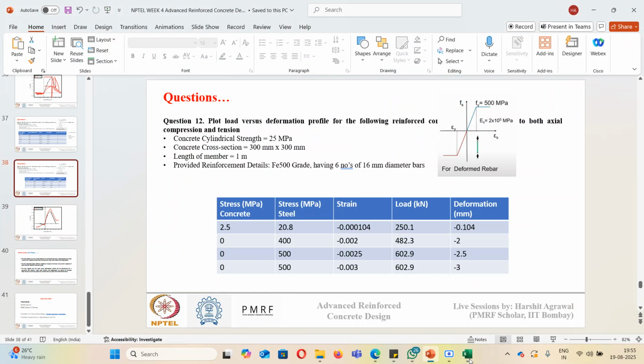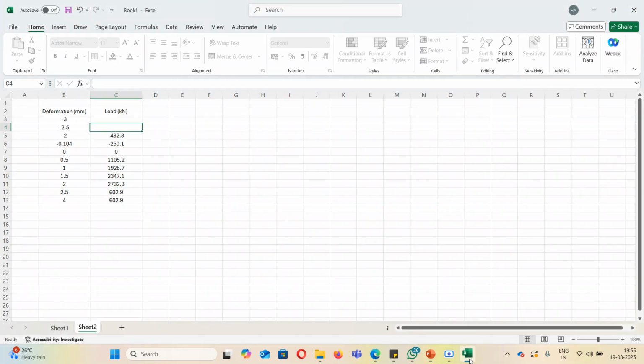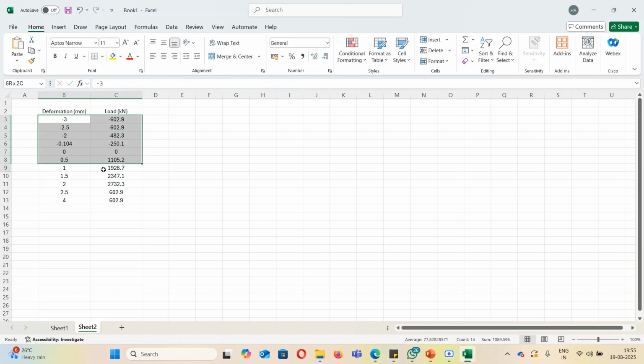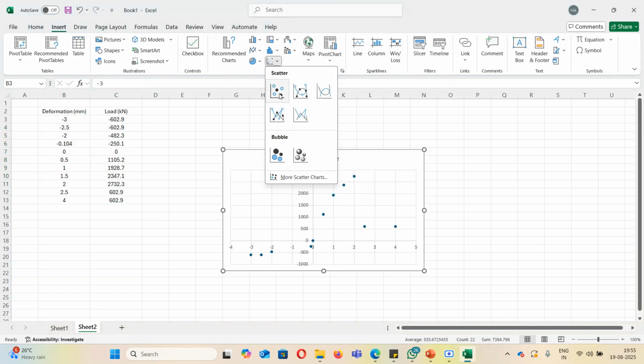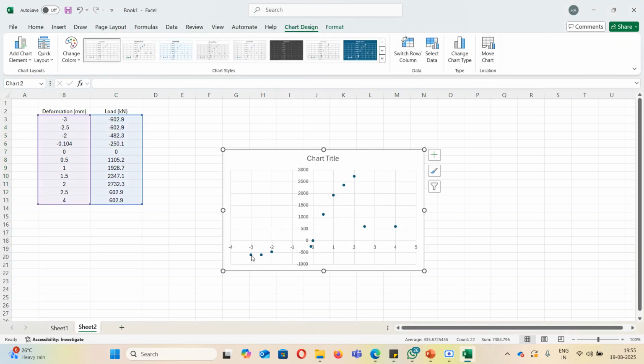At minus 2.5 it is 602.9. And at minus 3 it will be the same 602.9, because steel has yielded. So if I plot this profile, you can see how the profile is coming.